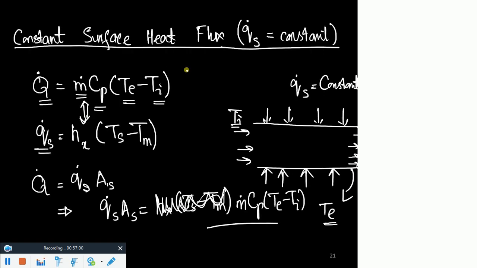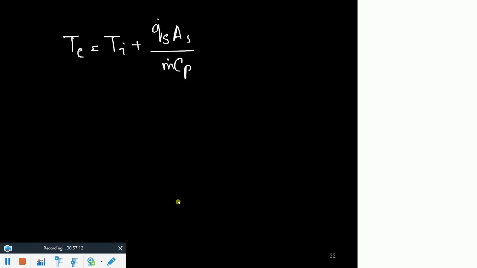Just look at that. I just keep T exit on one side and put all the terms on the other side. So if you know T inlet, you can find out T exit. This is what you generally require, and this too in case of Q dot S equals constant.